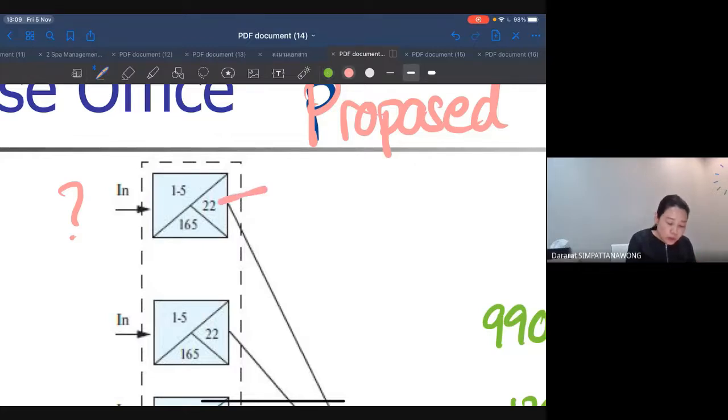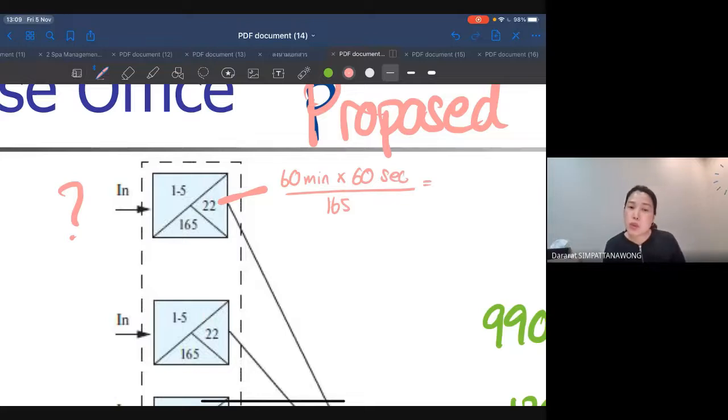So the 22 comes from 60 minutes times 60 seconds divided by 165, which is the capacity. 60 times 60 equals 3,600, divided by 165, which equals 21.82.